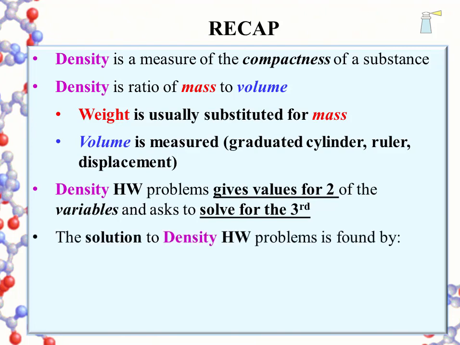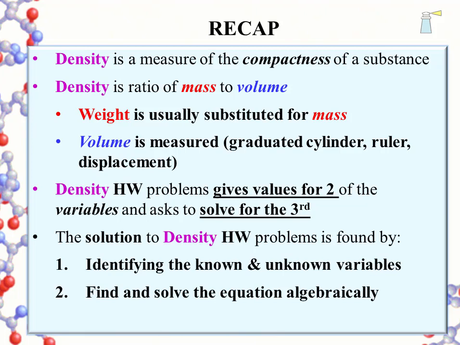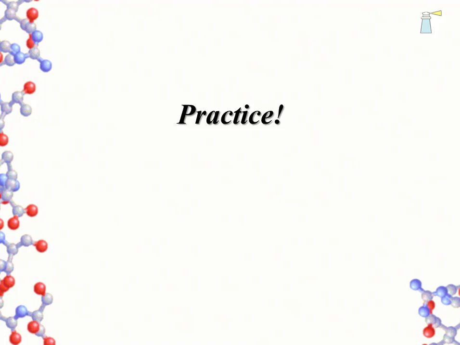The solution to density homework problems is found by identifying the known and unknown variables, finding and solving the equation algebraically that relates known values from the setup with the unknown value, inputting known values, and solving. And that completes our lecture. Head over to the concept and definition for this lecture and practice what you've seen.